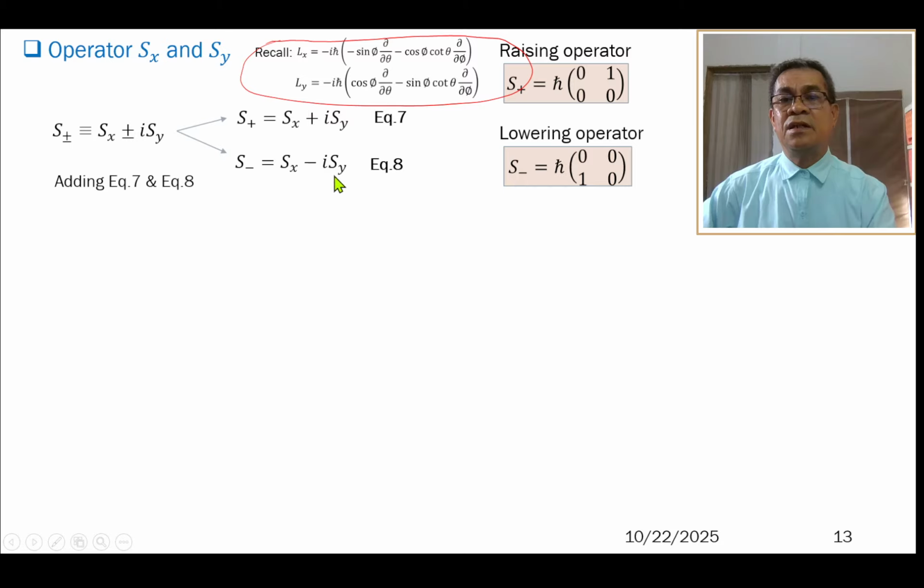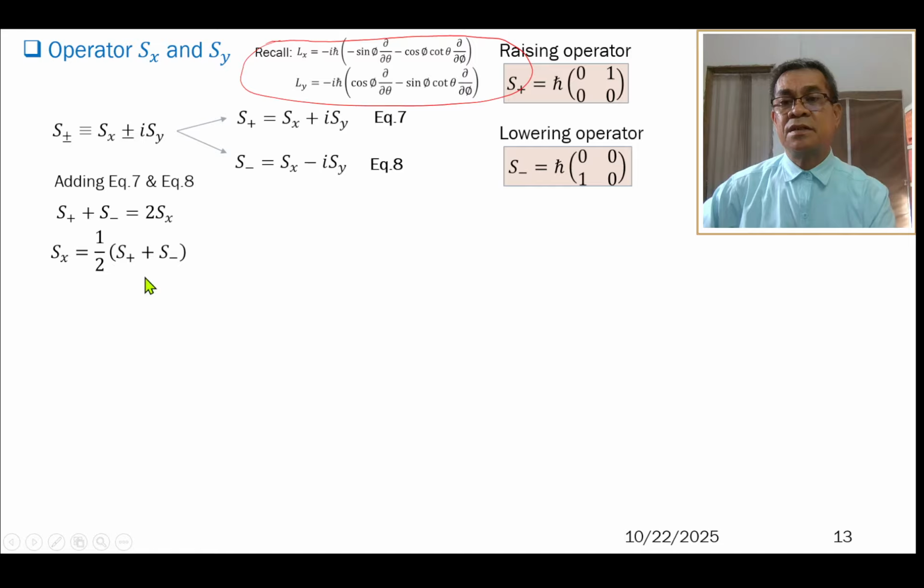This will cancel out, the i Sy and minus i Sy will be 0. Then we have that result: raising plus lowering operator is equal to 2 Sx. Solving for Sx, then we have that, of course, one half. Then substitute these matrices, this one.